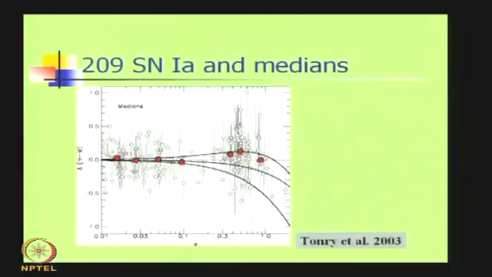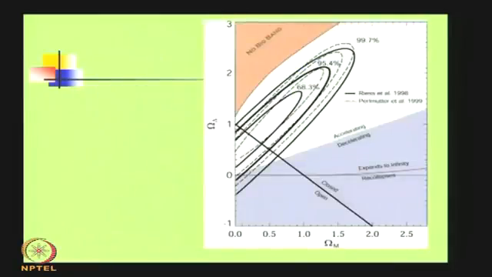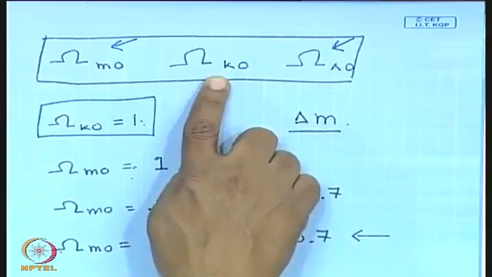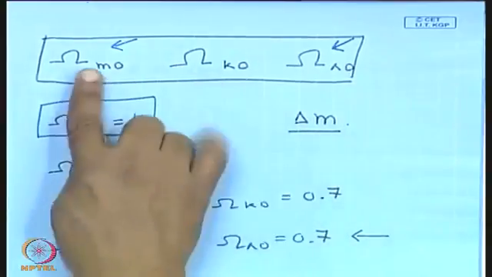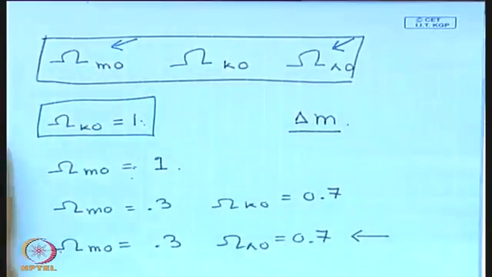So this is a figure based on the same data. Suppose we use it now to constrain the models. Along the x-axis you have omega matter, along the y-axis you have omega lambda at present. If you want the universe to be spatially flat, then omega curvature should be 0. The sum of these 2 should be 1, which is the solid line over here.